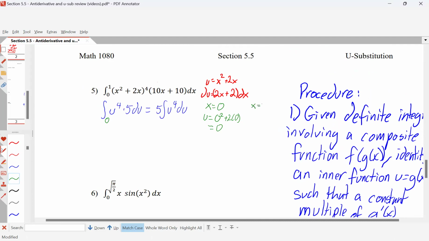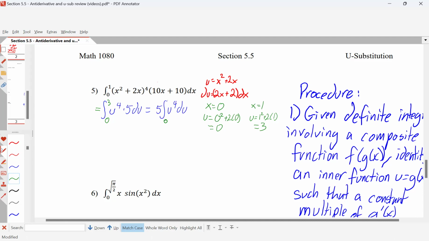And if x equals 1, u equals 1 squared plus 2 times 1, which is 3. So the bounds have changed from being from 0 to 1 to being 0 to 3. And now our integral in terms of x and our integral in terms of u are the same. They will find the same value.